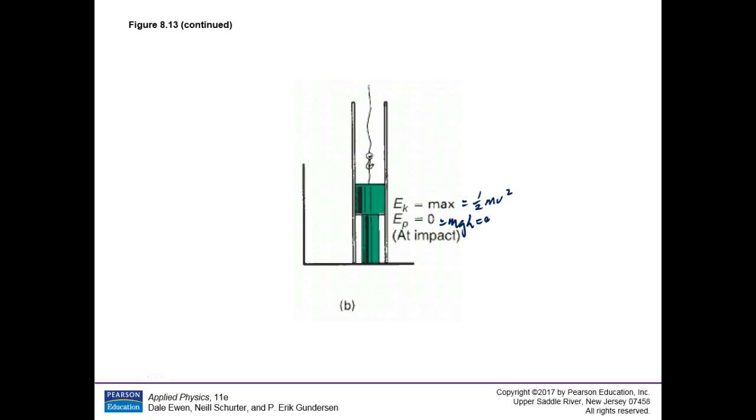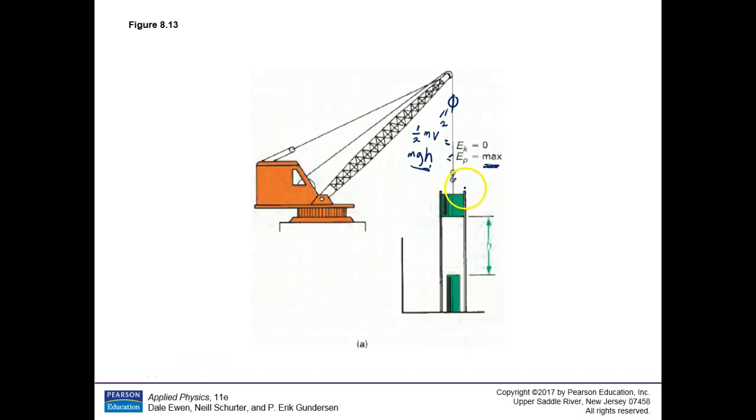Okay? Now, what this means, if we combine those two figures together, the sum of these two is what? The sum of kinetic and potential energy is what? From my previous slide. I've already erased it. Remember what that was? I'm going to call it E sub m, mechanical energy.